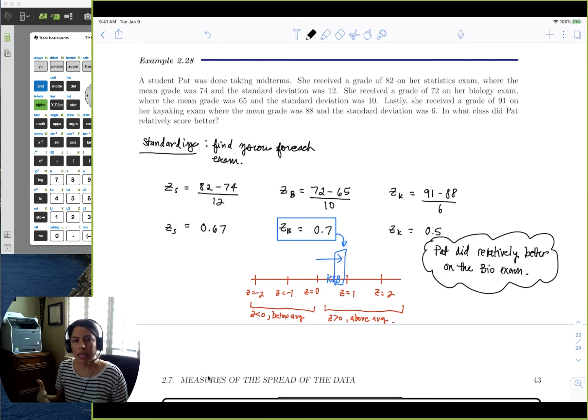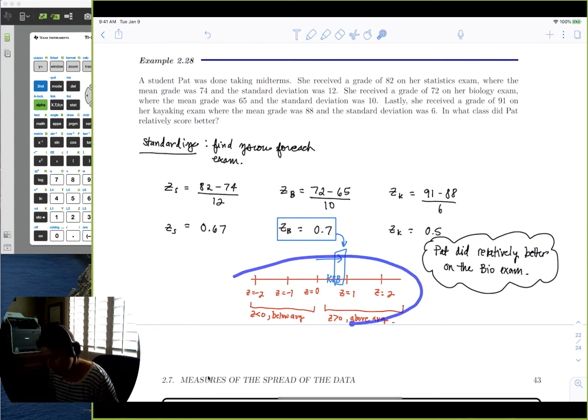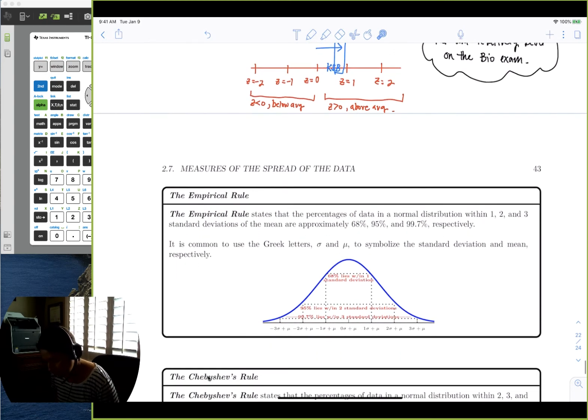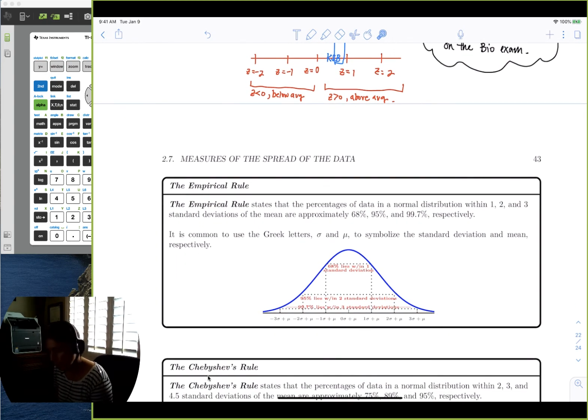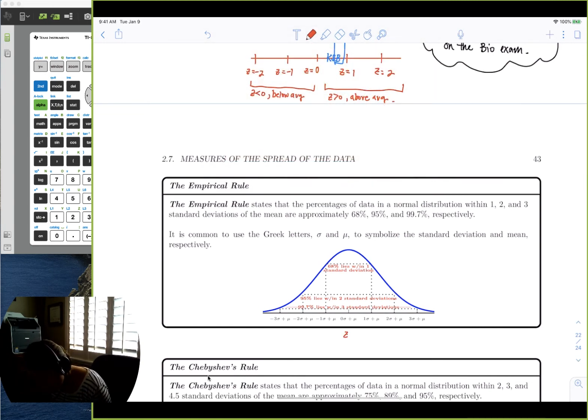So the idea of this number line that I have here comes from the empirical rule. So if I keep this up here on the window and then I see the empirical rule, notice this is the same thing. Here is where the average is, and there's no distance. So z is equal to 0.